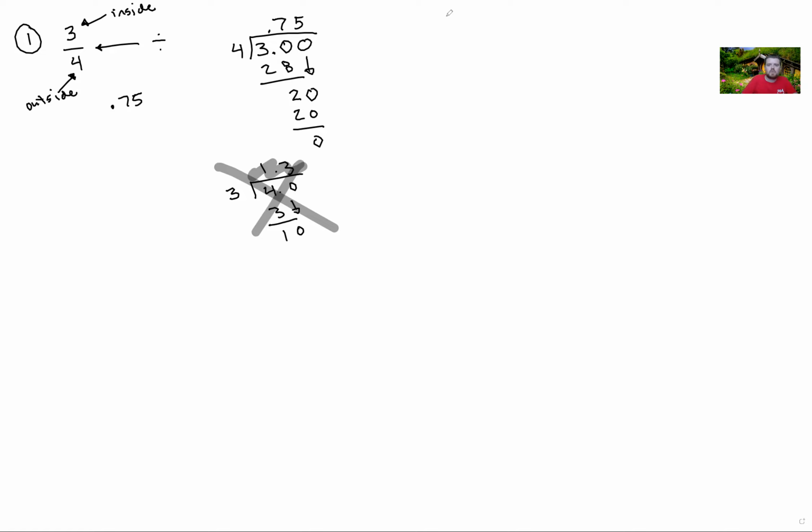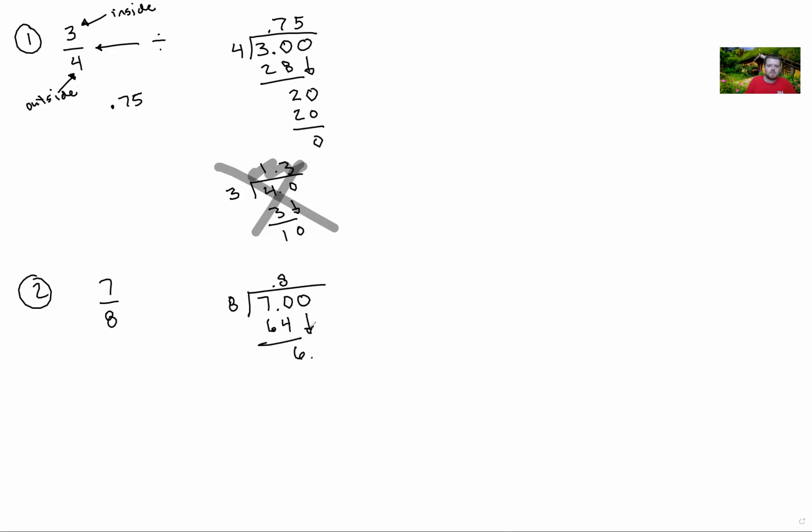Let's do another example. Let's do 7/8. Just doing some common metric conversions. So I'm doing 7 divided by 8. 8 doesn't go into 7 evenly, so I'm going to add my decimal and my 0. 8 goes into 70. 8 times 8 is 64. I write that down here and subtract. Gives me 6.